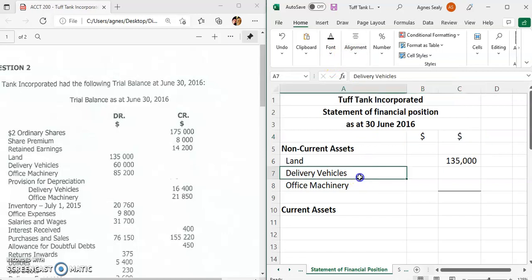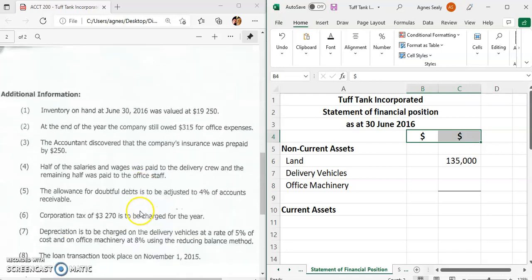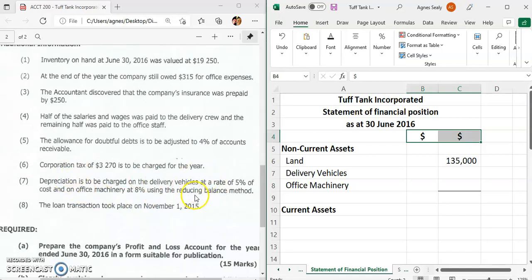However, our vehicles and our office machinery would have depreciated over the financial year, because you see they have accumulated depreciation here for vehicles of $16,400 and office machinery $21,850. And in the question, we were told that we had to calculate depreciation.